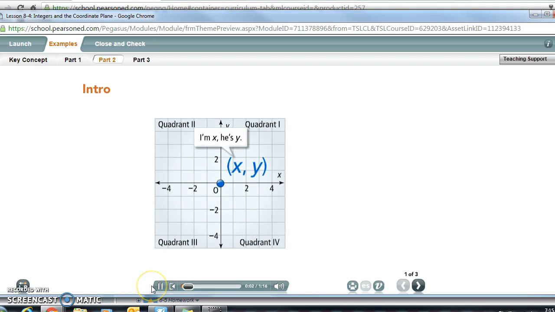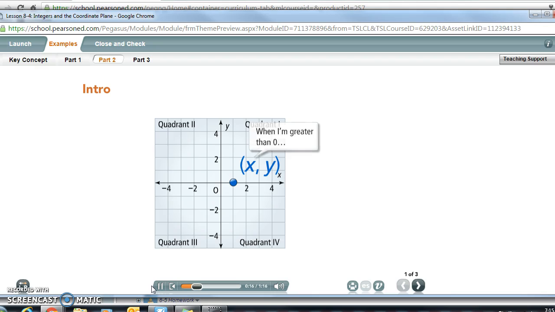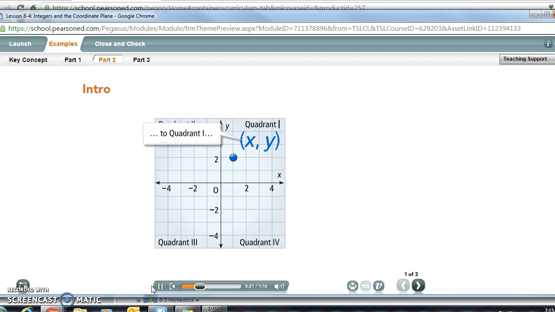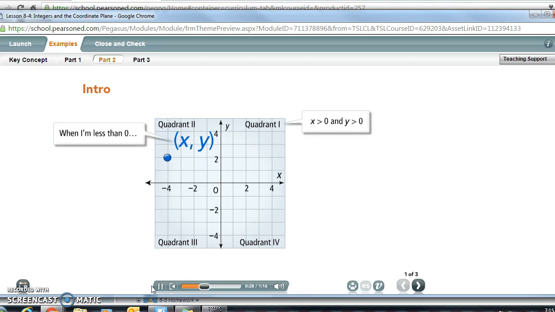I am X. He is Y. We're an ordered pair. Wherever I go, I'm always there. When I'm greater than 0, and so am I, to quadrant 1, you'll see us fly. When I'm less than 0, but I'm more, in quadrant 2, you'll find our door.